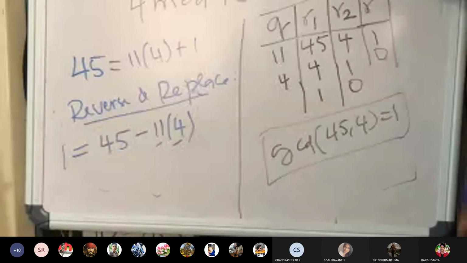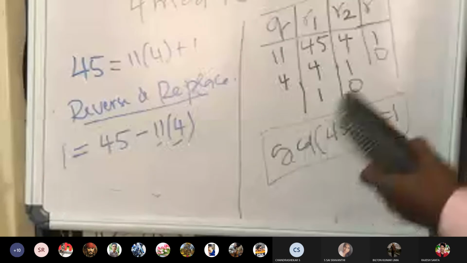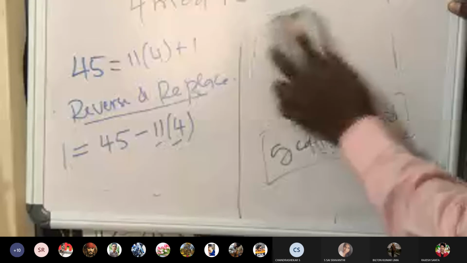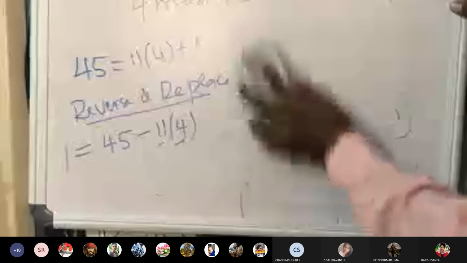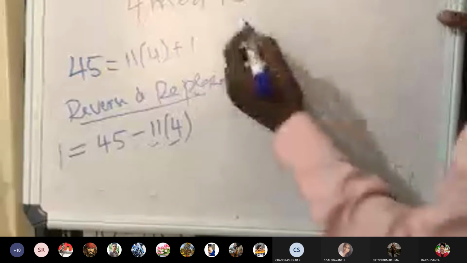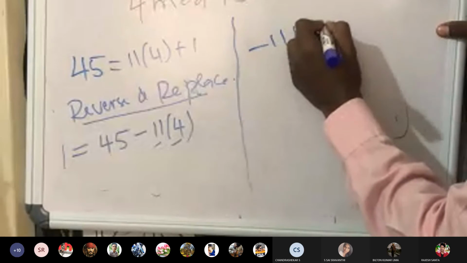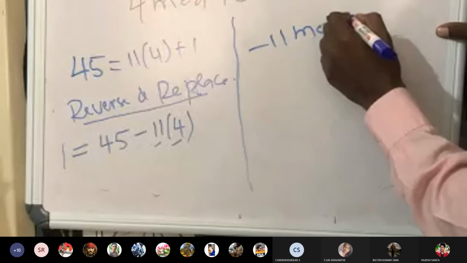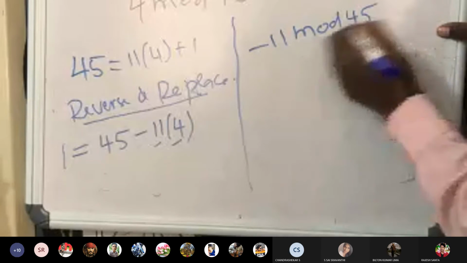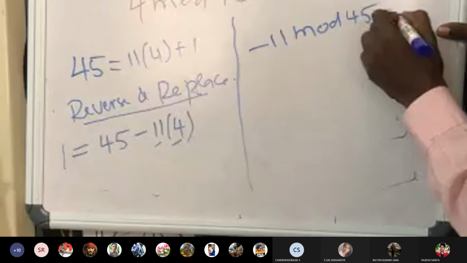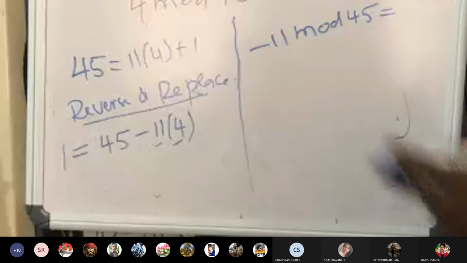Let me erase this side. Here what we have is minus 11 mod 45. What is the value for this one?